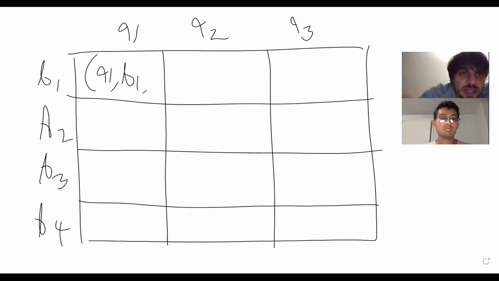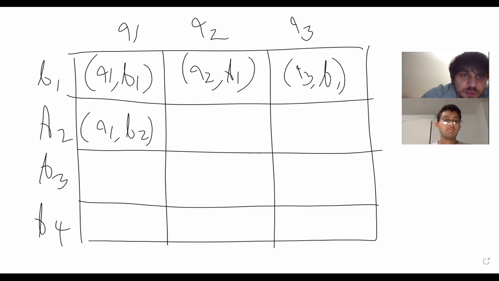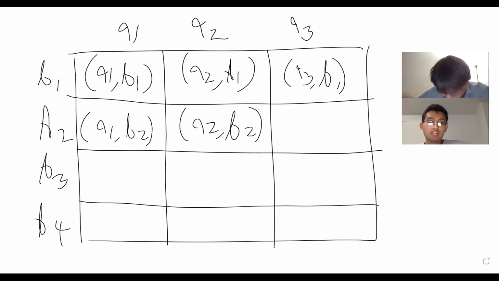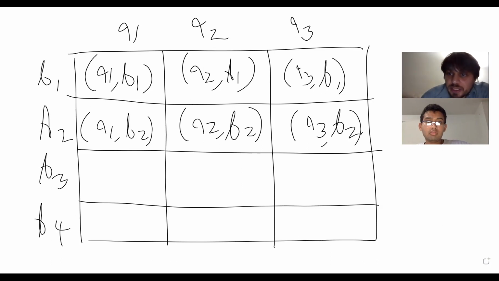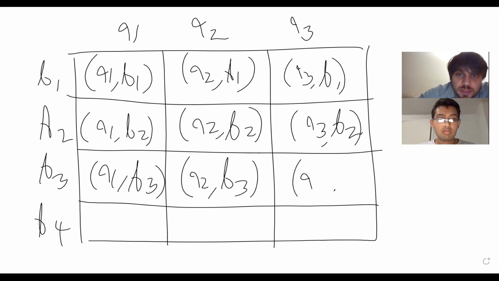So you have A1, B1, you have A2, B1, and A3, B1. You have A1, B2, A2, B2, and A3, B2. Okay, keep going.